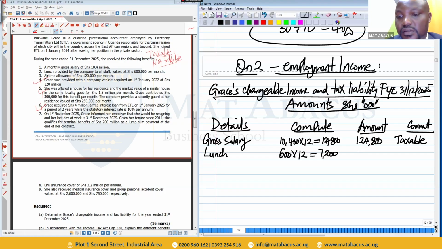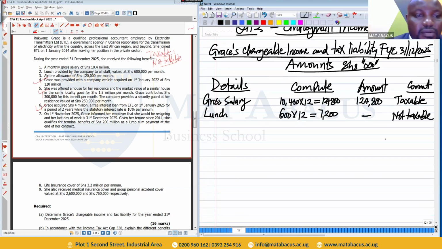Now, lunch, even though it is provided, since it was provided to all staff, it will be not taxable here. Lunch provided to all staff is not taxable.